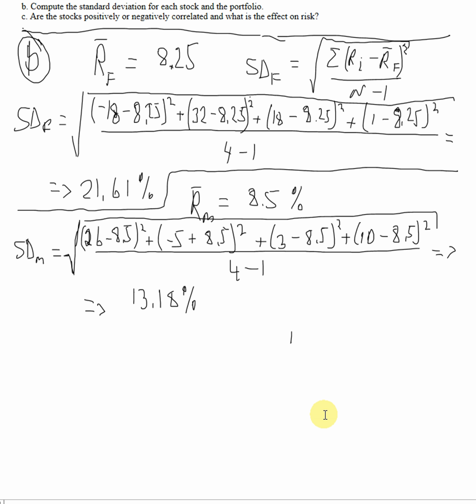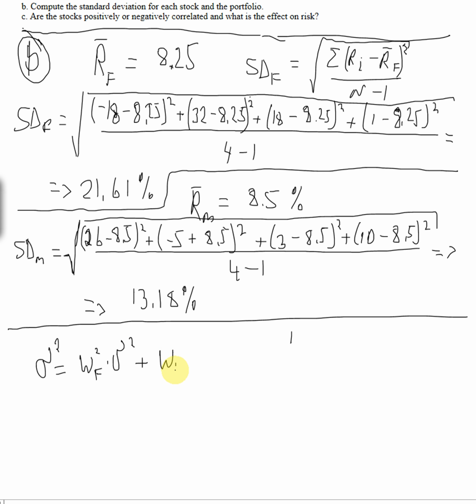You just need to memorize the formula for the standard deviation of the portfolio. Usually we say the variance of the portfolio is WF squared, that's First Boston, times the variance of First Boston, plus WM squared, the weight for the fraction of funds invested in Midas, times the variance of Midas, and then comes 2 times WF times WM times the covariance between the two.